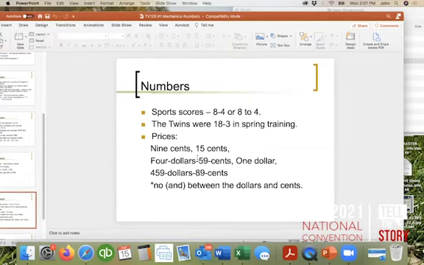Sports scores, this can vary how you want to do things, dashes. Prices, I kind of still stick with the numbers thing, 9 cents. See, I spelled out the word nine, but I didn't spell out the word 15. $4.59.